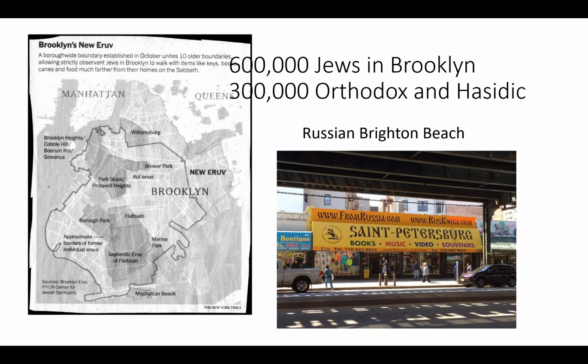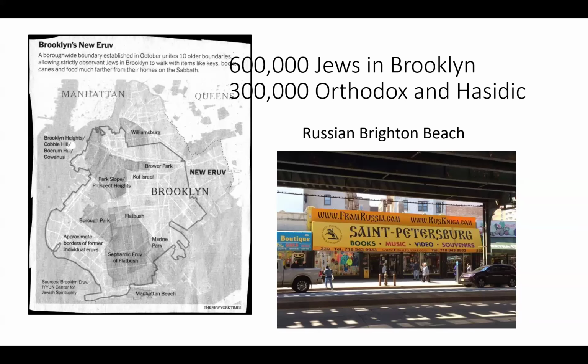Now, a tradition in Brooklyn and in other areas with a large concentration of Jews is to establish an eruv. An eruv is a string that goes from telephone pole to building to tree or whatever, enclosing a big area of the city where large numbers of Orthodox Jews live. And then the rabbi declares that that string is like a wall, and everything inside is like a private home.